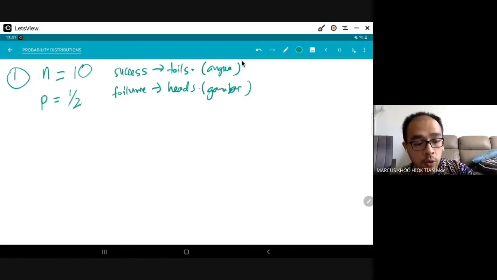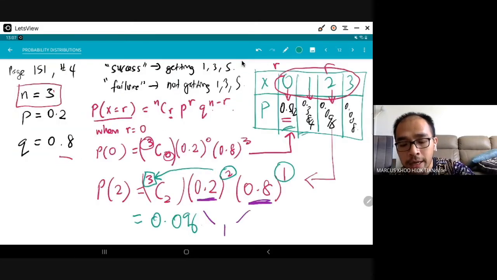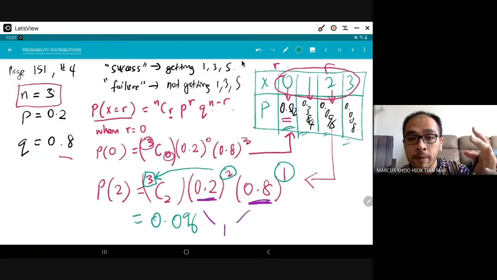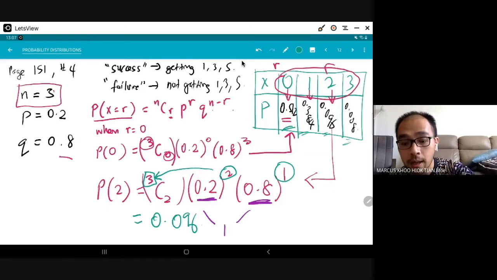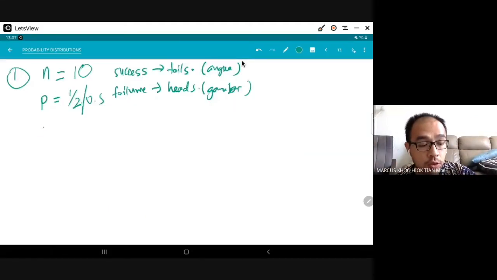Okay, 1/2, or I suggest that you use decimal place, 0.5. Because now if you take a look, all our probability sekarang kan kebanyakannya adalah decimal place. So try not to use bracket lah. Okay, 0.5. So Q will also be 0.5.